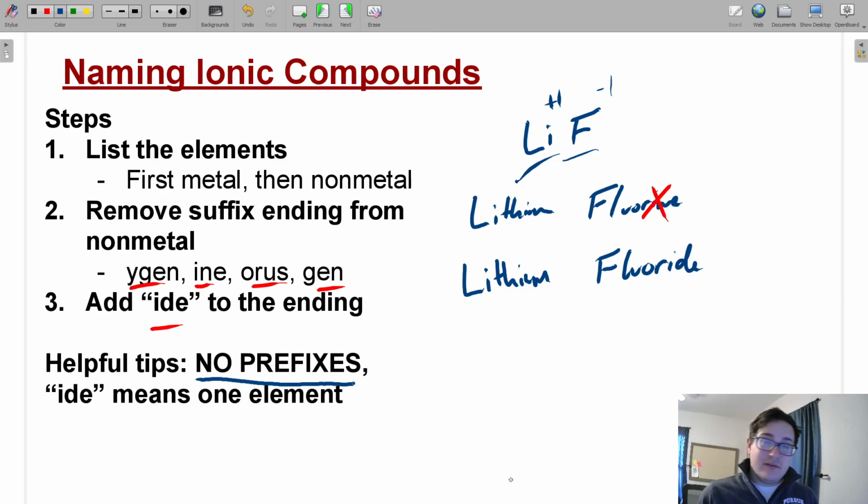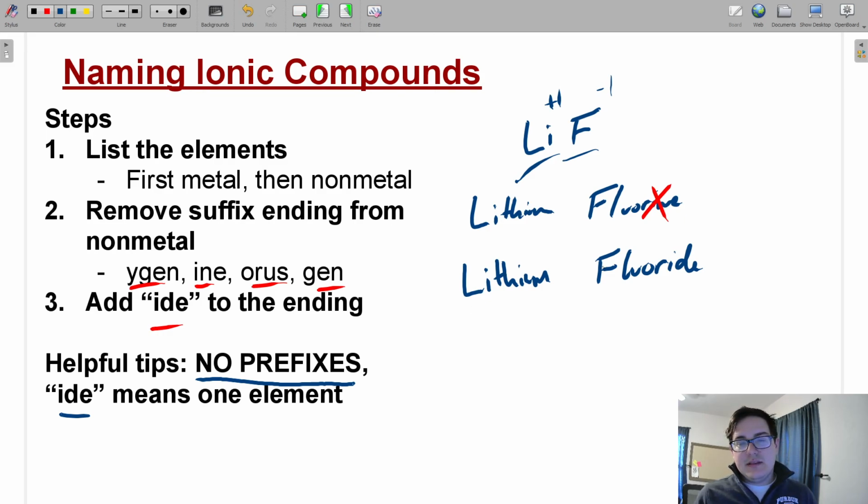So as a hint for covalent stuff, carbon monoxide, carbon dioxide, you have these prefixes because those elements can show up in a bunch of different varieties, but lithium and fluorine can only show up in one way. And so if these two elements are together, they're always going to be a 1-to-1 ratio, which means there's no special naming.